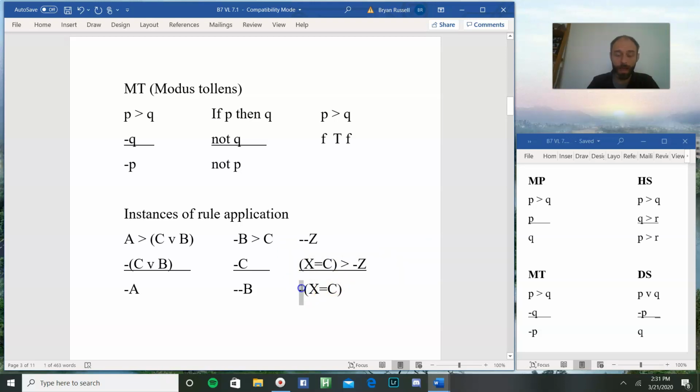So the negation of that is just one extra tilde in front of it. So the line order doesn't matter. It doesn't matter if we have the main operator horseshoe line first or second or, as we'll see in the proofs, third or fourth or fifth, as long as somewhere we have a horseshoe as the main operator, and as long as somewhere we have the negation of the consequent, then MT tells us we can get the negation of the antecedent.